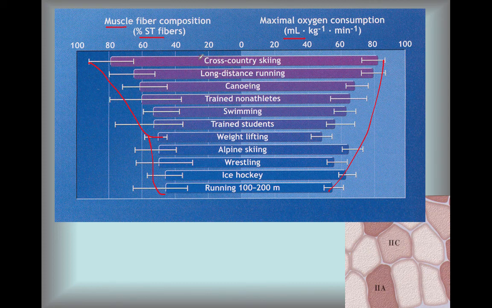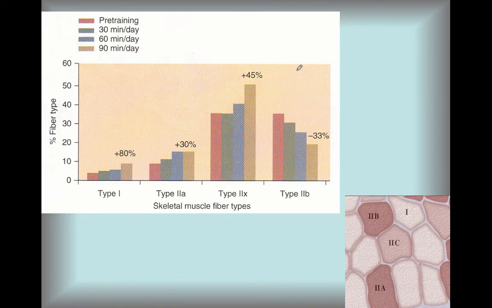But the cross-country skiers and the long-distance runners have the highest VO2 maxes, and they also have the highest percentage of type 1 fibers. But again, no idea who these people are. Are they elite? Are they high school competitors? I don't know. And also don't have any idea what the N is. How many of them are there?